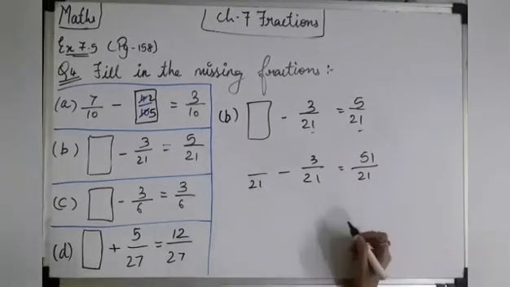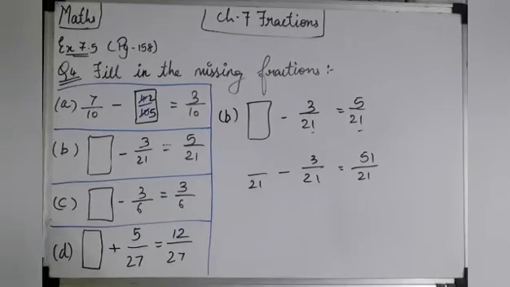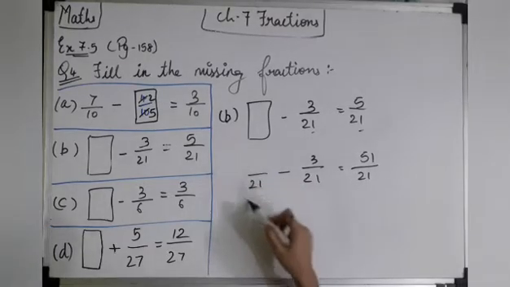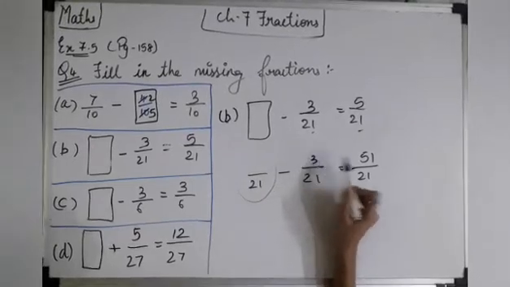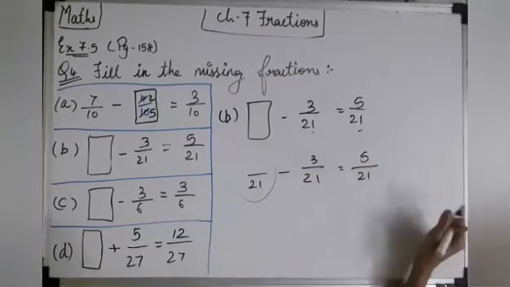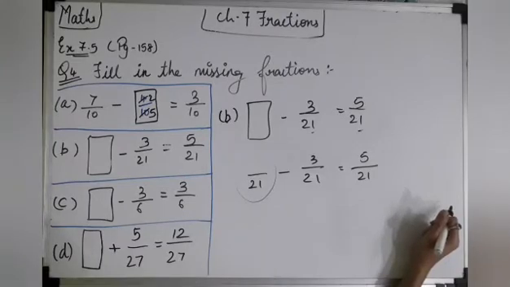So I presume that here also 21 is there. Now here they have not given me the fraction from which I am subtracting 3 to get 5.